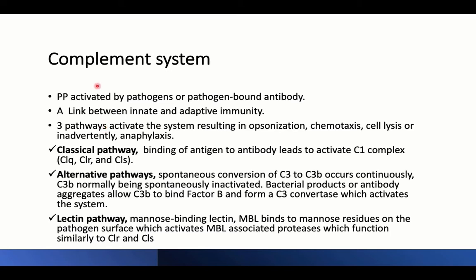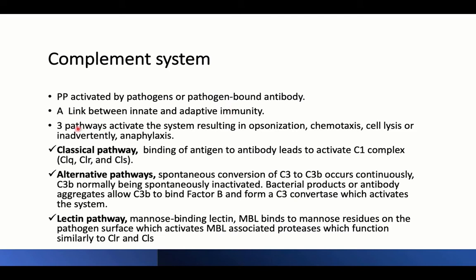Complement system. The complement system is an important component of the innate immunity, composed of a group of plasma proteins. These plasma proteins are activated by pathogens or pathogen-bound antibody, either the antibody catching the antigen or the antigen itself will activate the complement system. This system constitutes a link between innate and adaptive immunity.